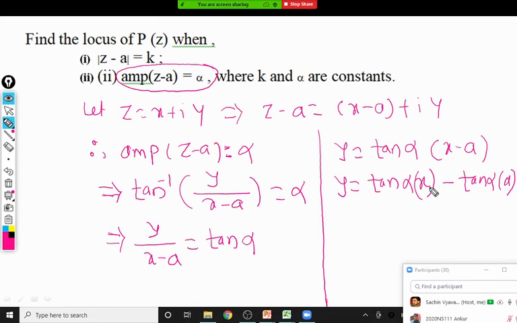So this is the slope intercept form of the straight line. The slope is tan alpha, and this is the intercept on the y axis, minus a times tan alpha.